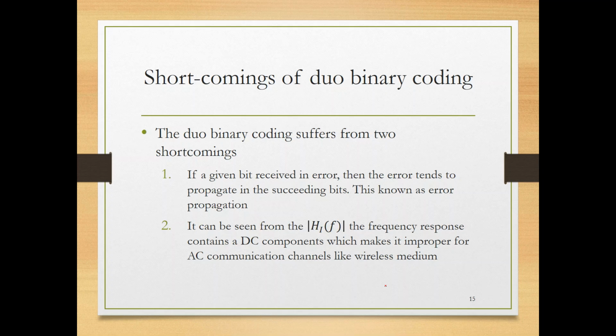Now, what are the disadvantages of this scheme? The duobinary signaling code suffers from two shortcomings. First, it has an error propagation problem. For example, if a given bit received an error, then the error tends to propagate in the succeeding bits.